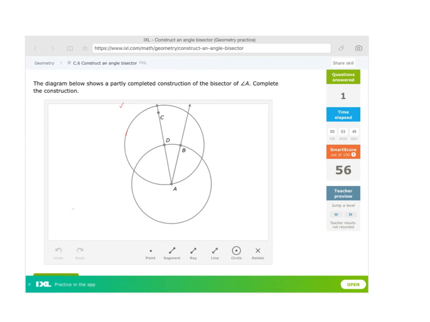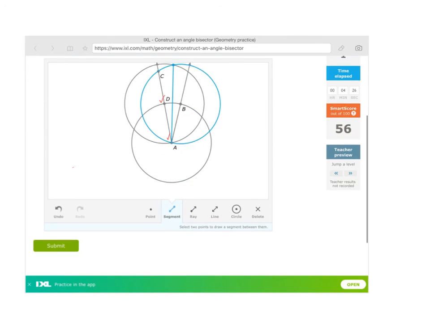Now we've got to draw another circle with B and A as our radius. So we'll go to circle, select 2 points whose distance is the radius, then select the center. So let's say here and here, and then the circle is right here. So we got that circle. Now we know the point of intersection is up here. So we'll mark that point with a point. Then we just need a line segment joining A and E. So that's our line. And now we can submit this.